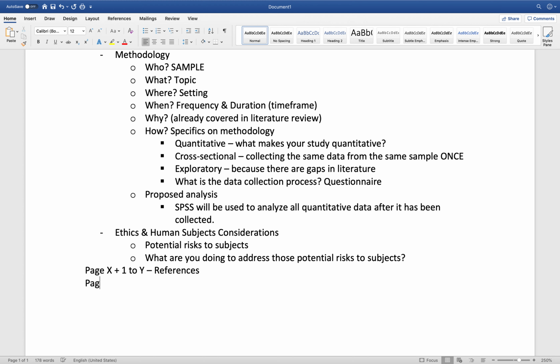And then page Y plus 1, which is the page after which your references section ends, will be your appendix. Now you'll only have one appendix, and the appendix will include just your questionnaire. I want to include the word final prior to questionnaire.